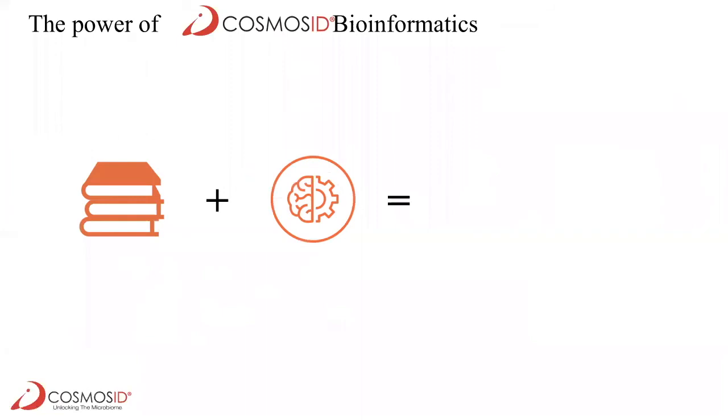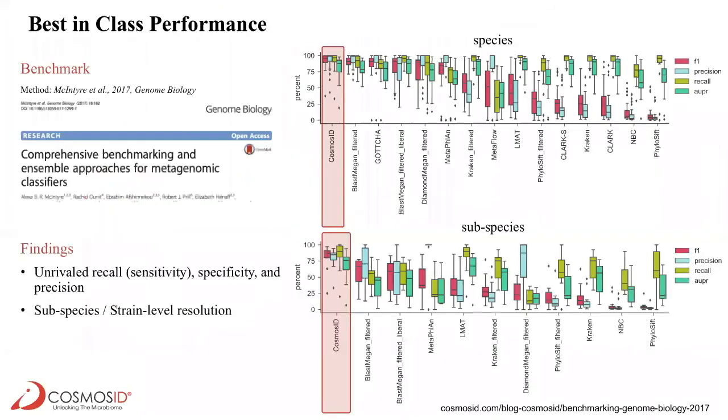So now, what are the results of this extensive database with phylogenetically organized structure as well as machine learning algorithm? You can see that this is one example showing that this offers you best-in-class performance. This is a study where we analyzed data sets based on the method developed by a group of Cornell researchers.